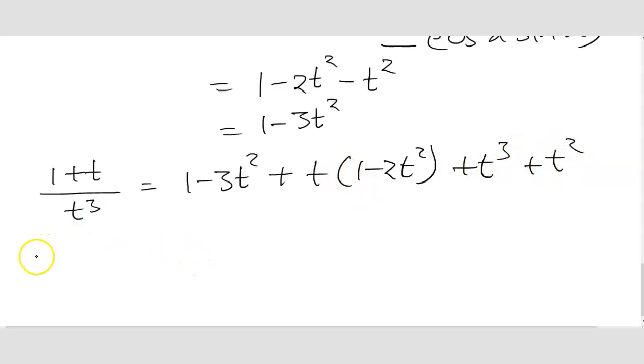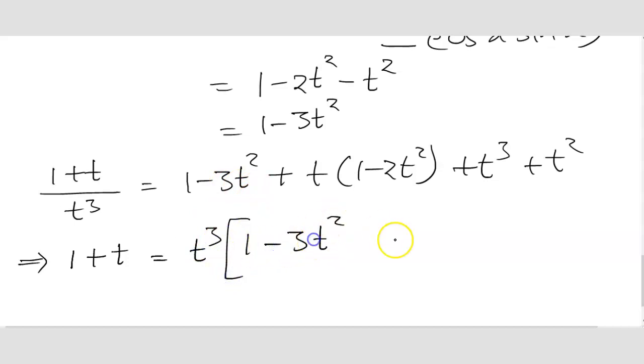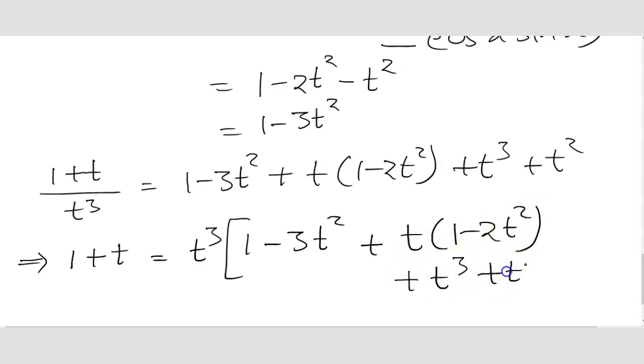Here we can make some adjustments and simplify this whole thing, that is 1 plus t, and t cube is multiplied to this whole thing, 1 minus 3t squared plus t into 1 minus 2t squared plus t cube plus t squared.